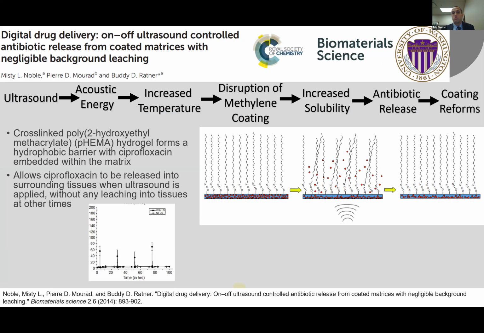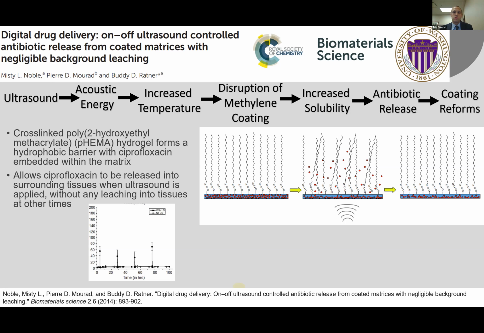One very cool improvement of this technology is with pulsed release. A study out of the University of Washington showed that when they use a modification of this hydrogel matrix, they can contain the antibiotics within it until ultrasound is pulsed onto the hydrogel.